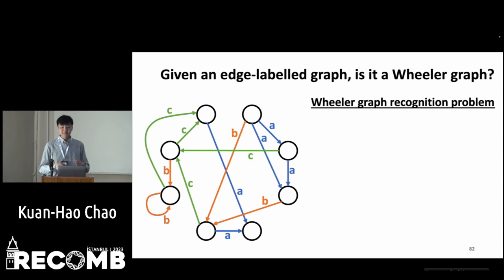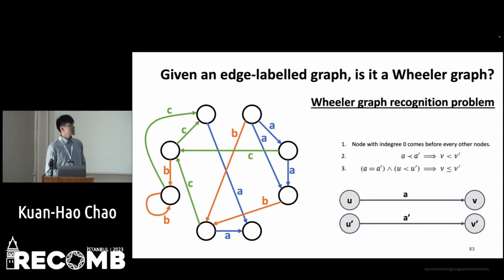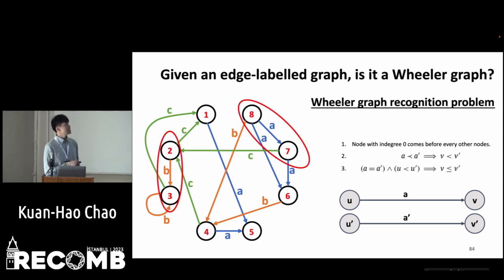So now we go back to the Wheeler graph recognition problem that I just mentioned in the GCSA example. Given an edge-labeled graph, is it a Wheeler graph? I simply put the rules here so it's easier to see. We can start with some random ordering and check every pair of edges. For example, let's check these two edges. Since A is lexicographically smaller than B, we can use the second rule.